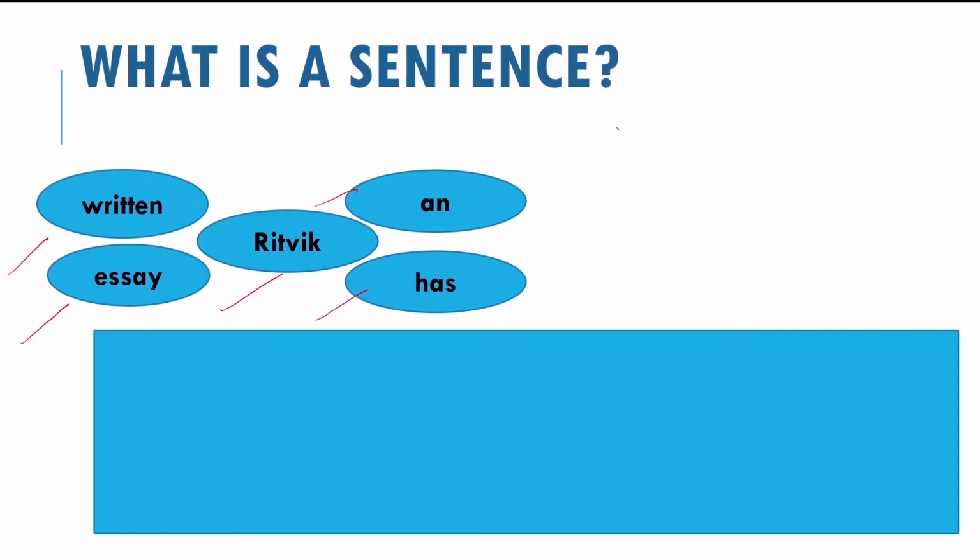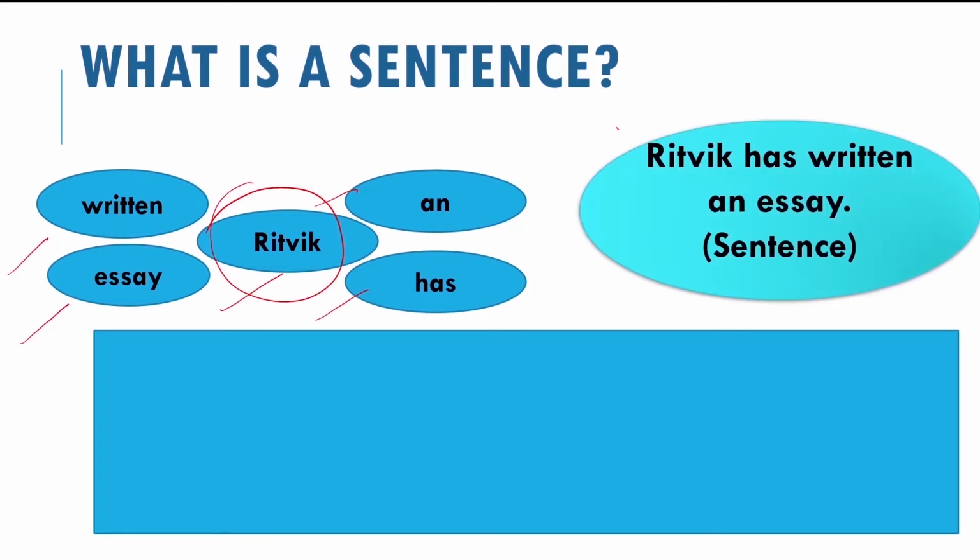What if I put them in an order or identify subject and predicate, or in other words, noun phrase or verb phrase? Here I get a sentence. Rithwik has written an essay. It's a complete sentence where subject is Rithwik and predicate has written an essay.